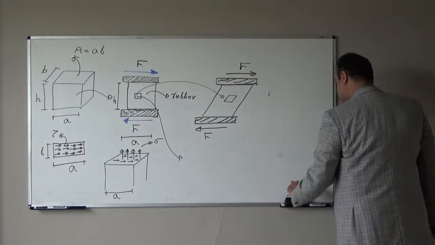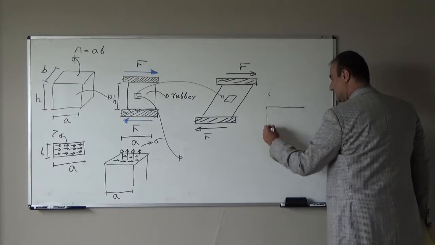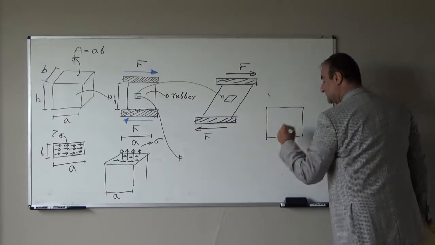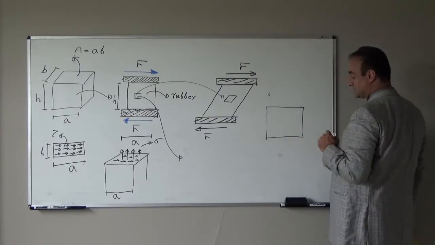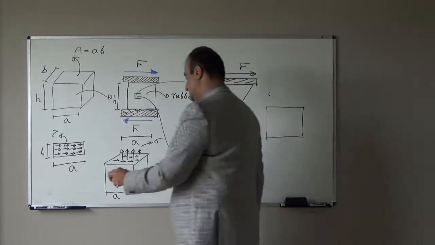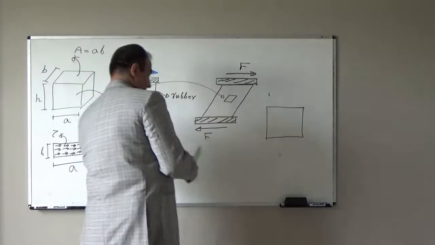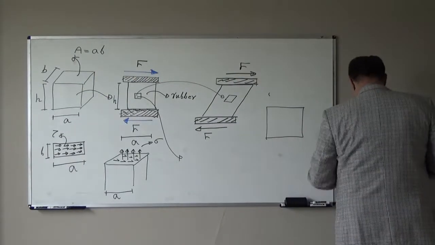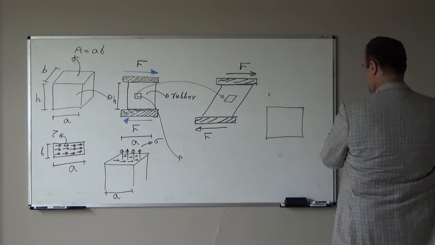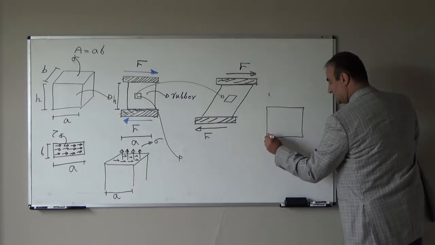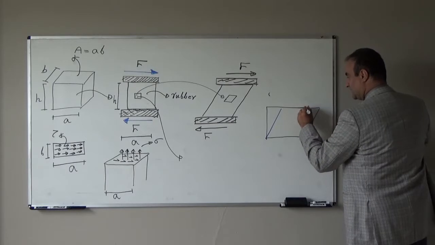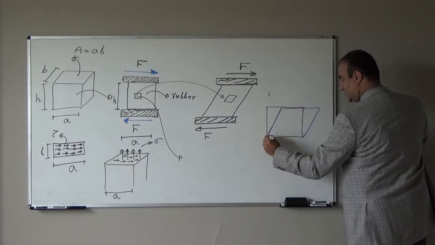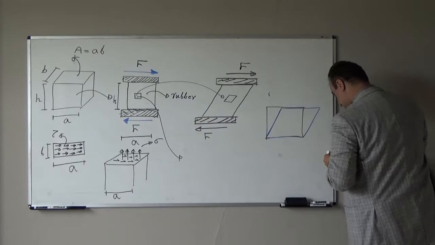If we look at that element, if I draw that element a little bit bigger, see what is happening here. Initially it is a square shape. Then after deformation, it will be like this blue parallelogram.